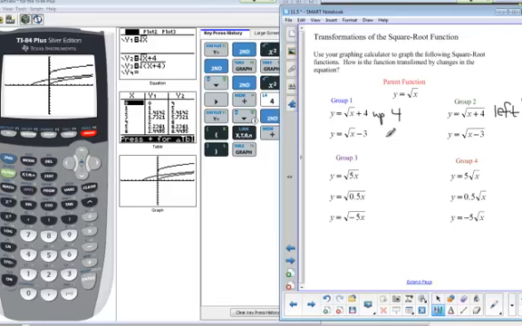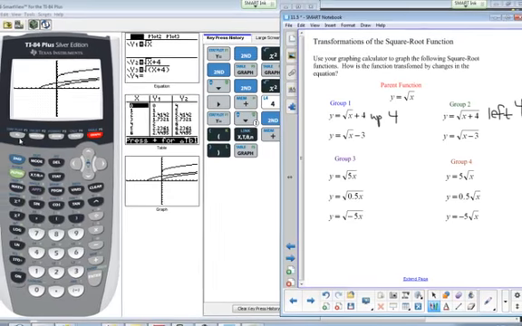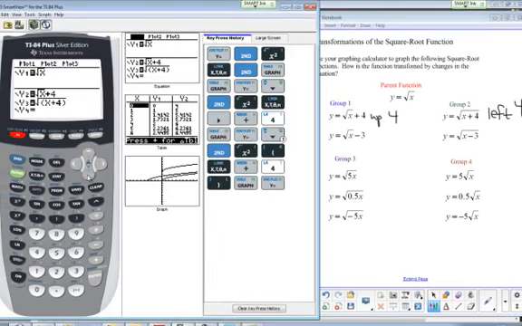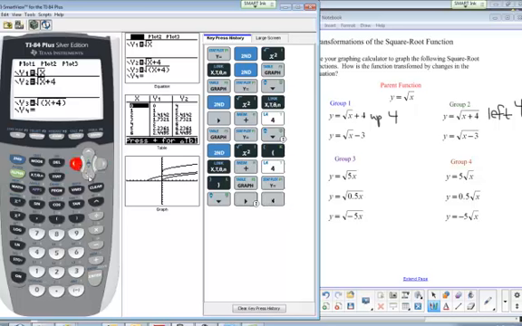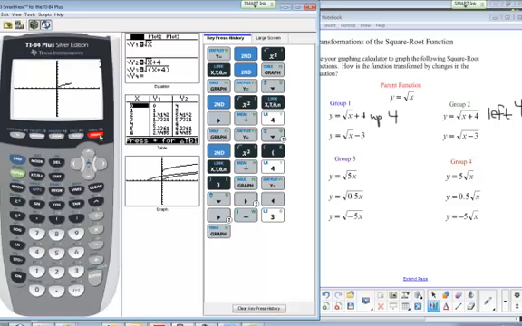Okay, so then this square root of x minus 3, if we go back here, I'm just going to change my 3 down here to a minus. And since plus 4 shifted it up 4, what do you think this is going to do? I would guess it would shift it down 3. And there you go, down 3.